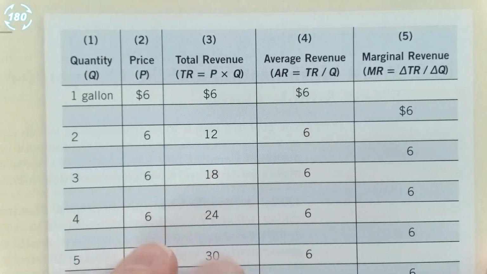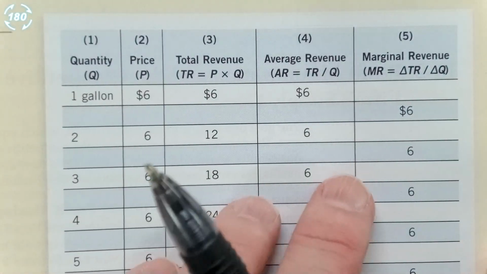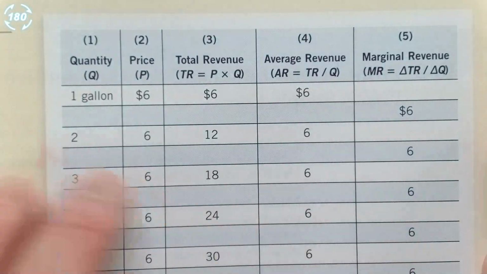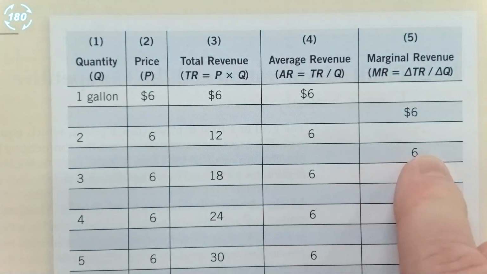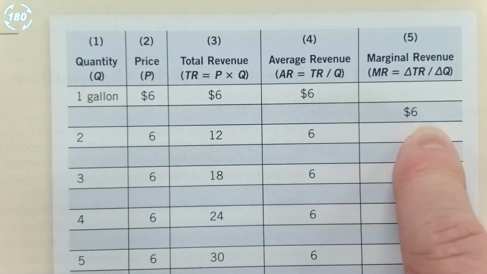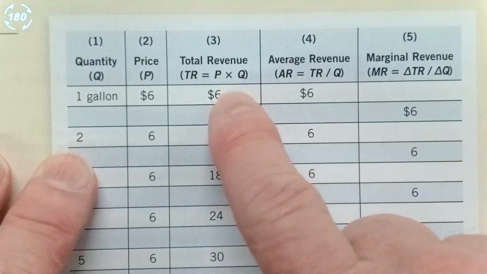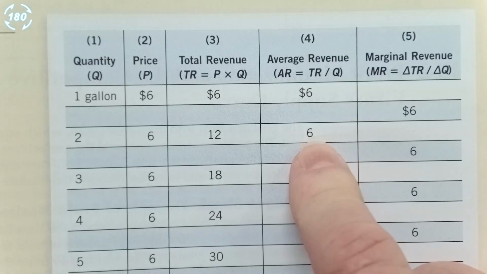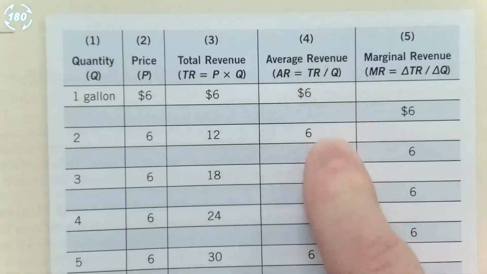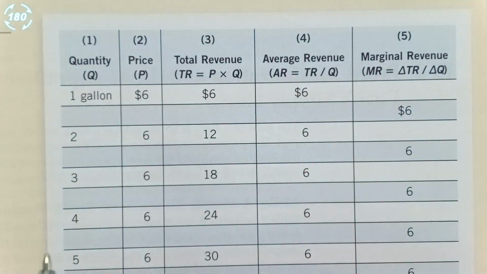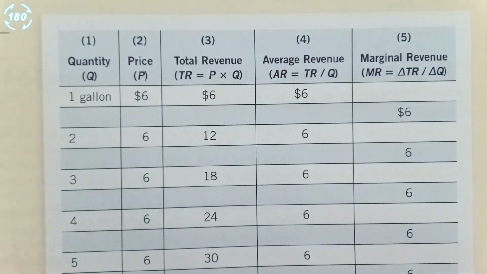You're back down to 6 again for average revenue. And then you'll notice the marginal revenue, which is the difference between these, is 6, okay? So it's the change in total revenue divided by the change in units. So average revenue and price are the same thing here. Notice that. And so that's not going to change at all.